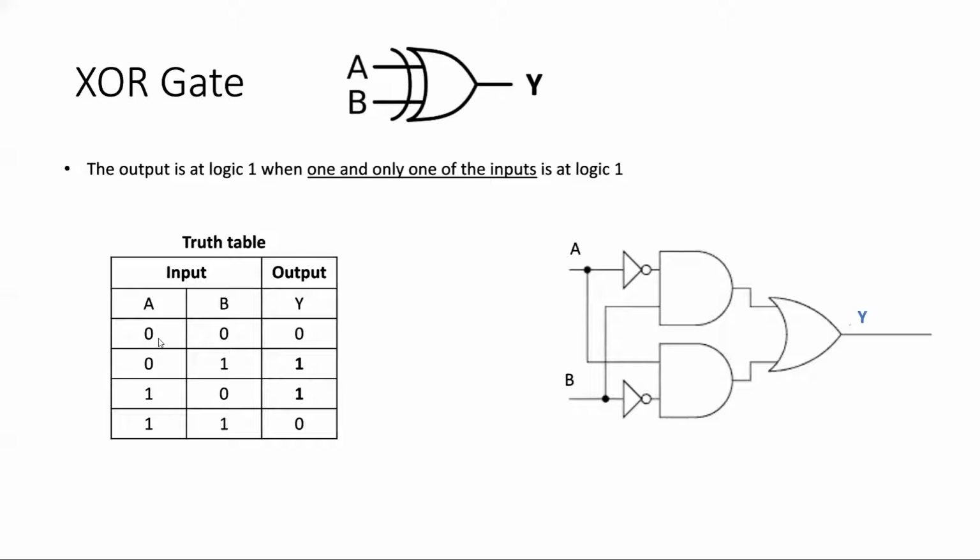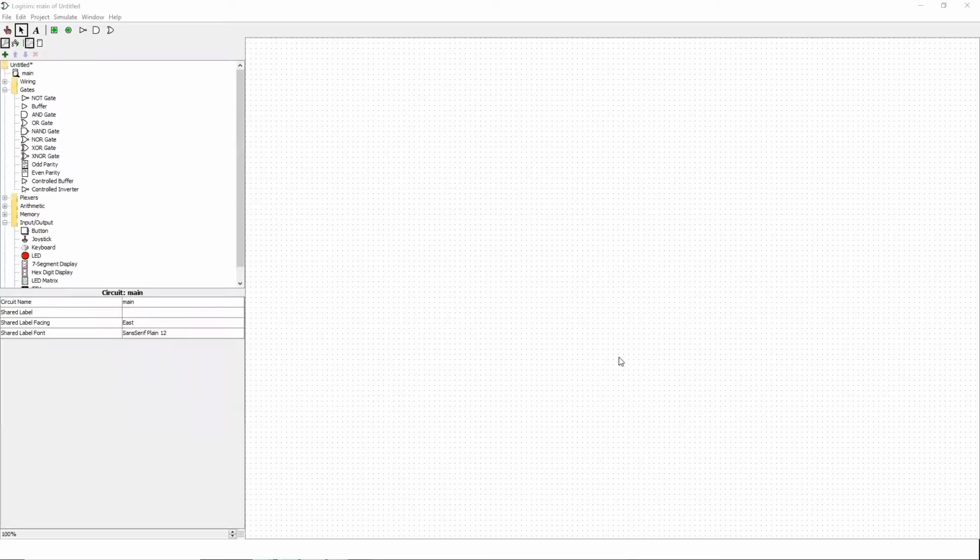When both of them are 0, again, the output is 0. And you see here, I didn't bring the implementation using transistors. I thought it is interesting to see its implementation using other gates. So as you see here, XOR can be implemented using 2 NOT gates, 2 AND gates, and an OR gate.